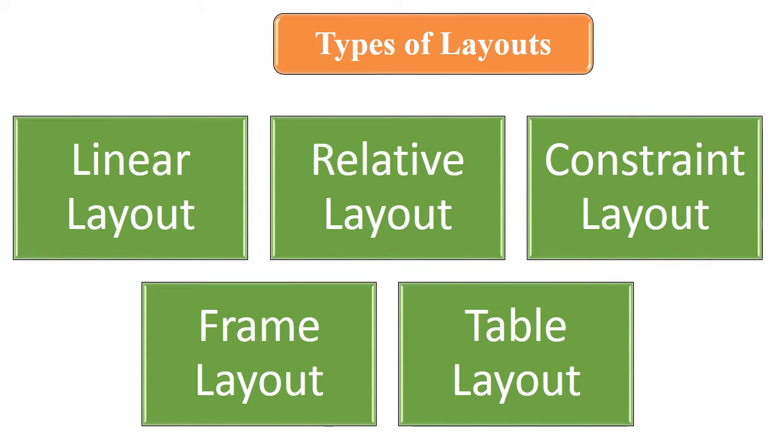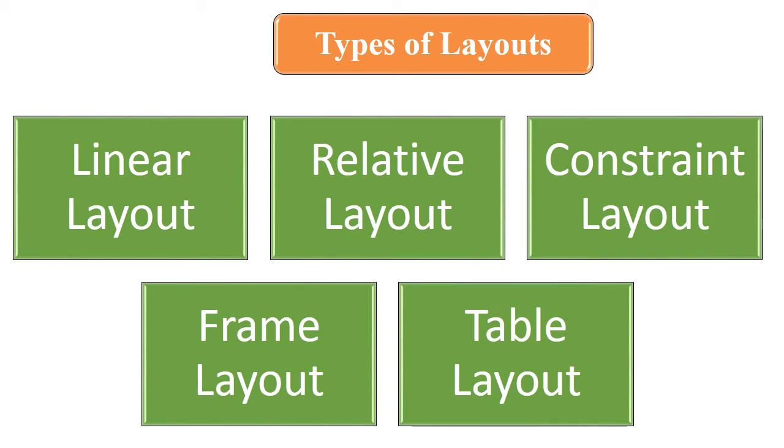meaning fixed to the top of the parent. Then the constraint layout is a view group subclass used to specify the position of layout constraints for every child view relative to other views present, and constraint layout is similar to relative layout but having more power.